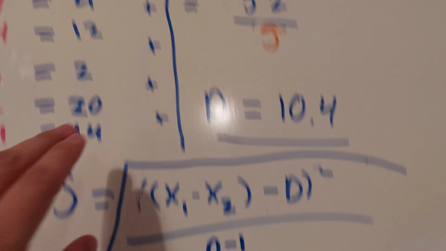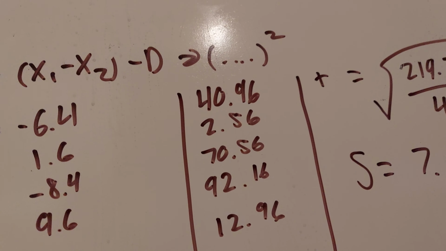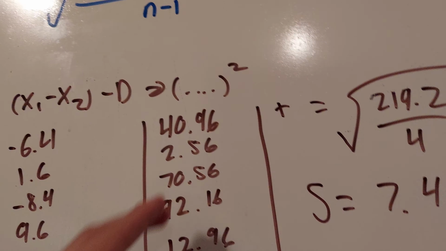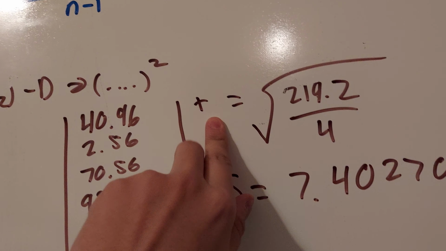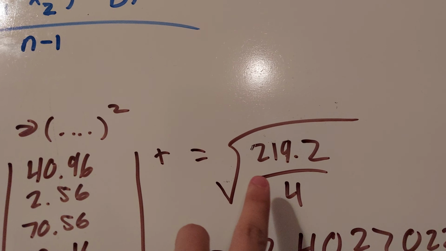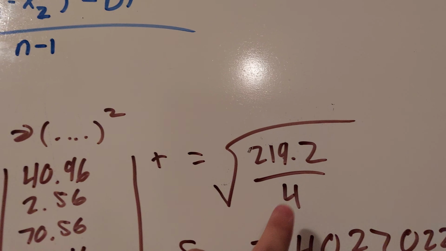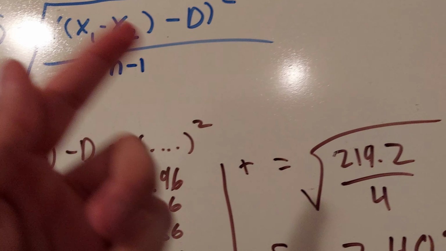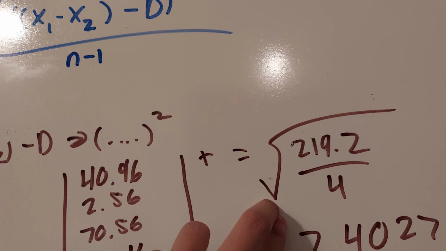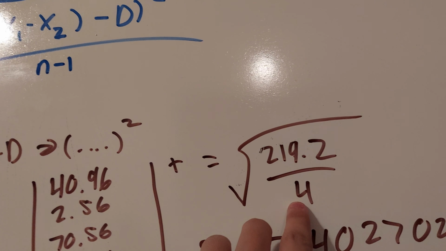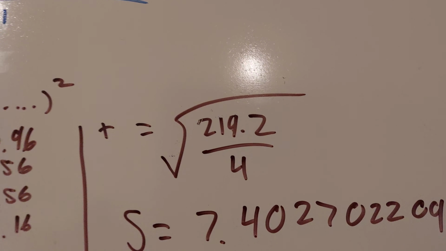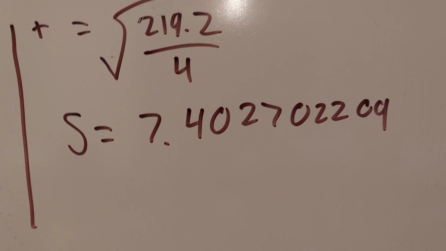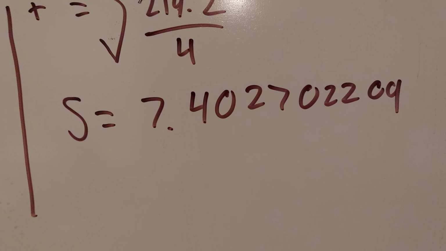The same thing as we did up here, we're going to add them all up and then put them in that formula. When we add them all up, it equals 219.2 divided by 4, since we are doing n minus 1, so 5 minus 1 equals 4. So 219.2 divided by 4, and square root that, we get this humongous number. I recommend using the exact number your calculator gives you for the most exact answer.